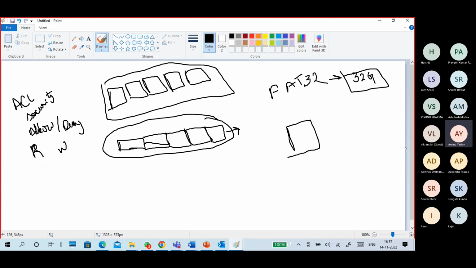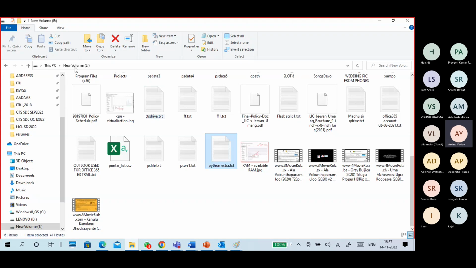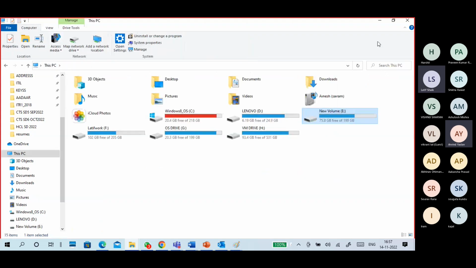Giving permission, either allow permission or a deny permission, like allow read, allow write, or deny write, deny read like this. So it is read and write permissions. That is in the NTFS file system. Because it's NTFS, I am able to see that.